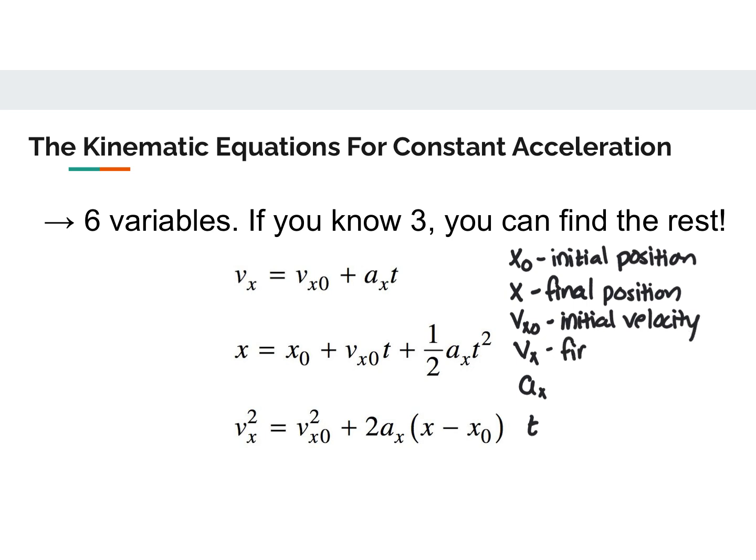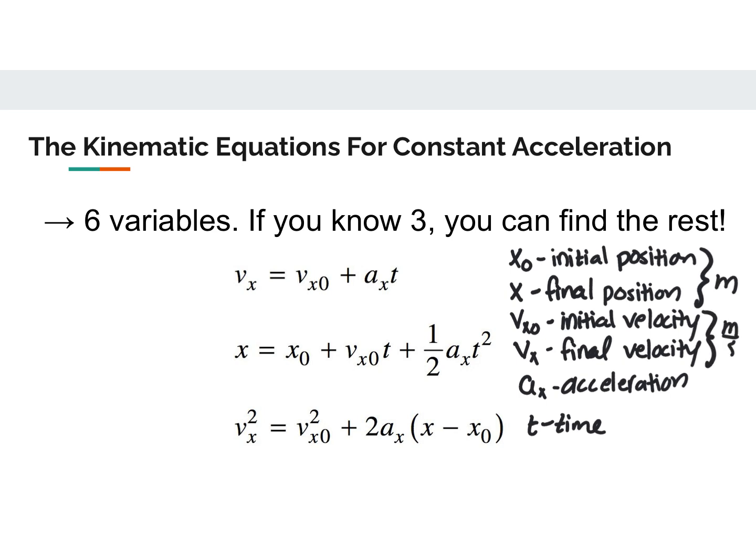Vx is final velocity. a is acceleration. And t is time. It's also helpful to think about the units. Position has units of meters. Velocity has units of meters per second. Acceleration is meters per second squared. And time is seconds. Then we have these 3 equations.